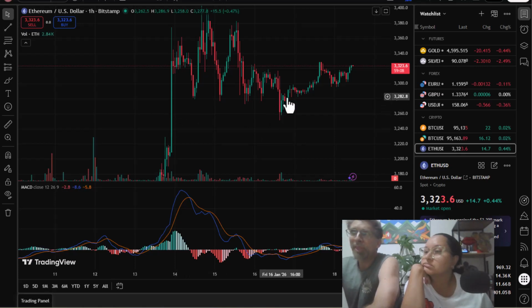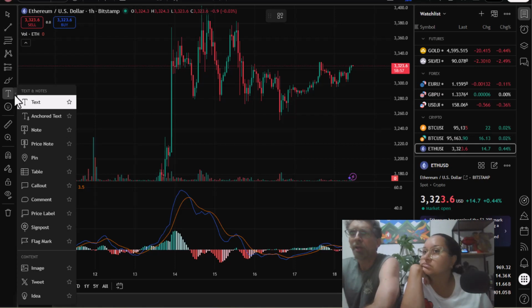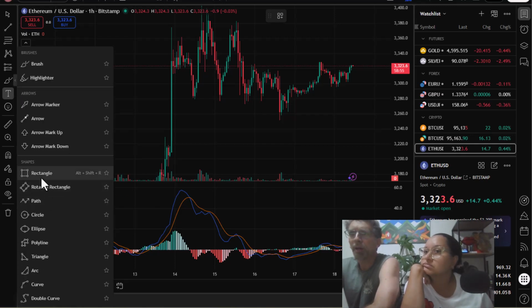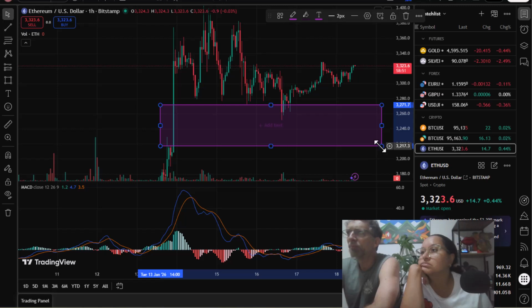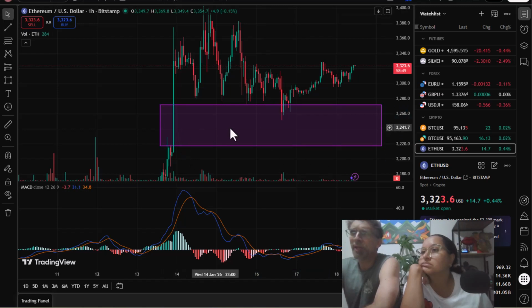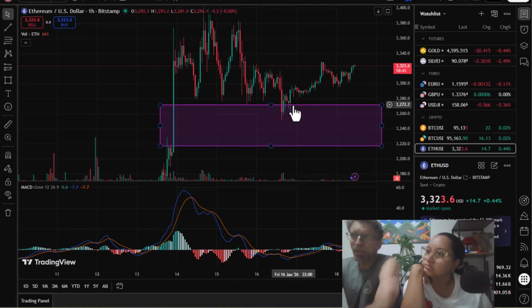So what that means is that this gap ends up becoming like a magnet. Let's see, look here. So this little zone here, you can see that it's been touched a little bit, but the price went straight up through this little zone.